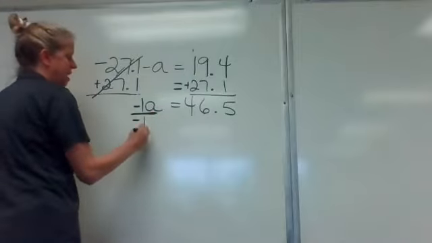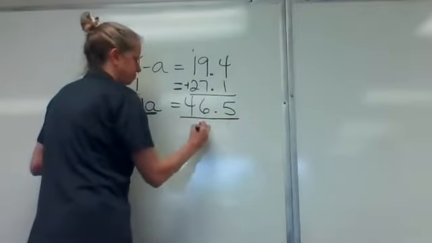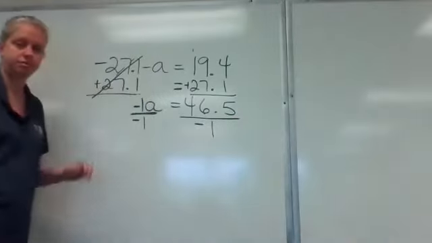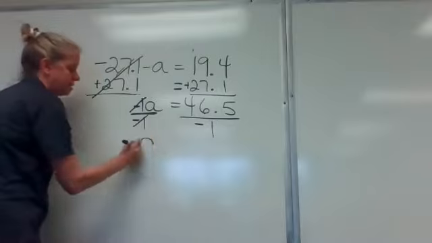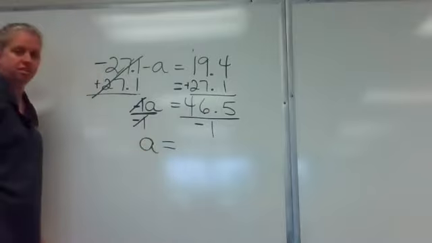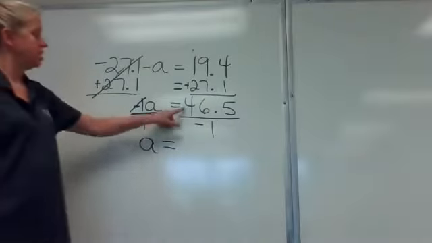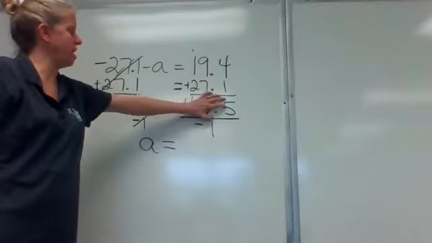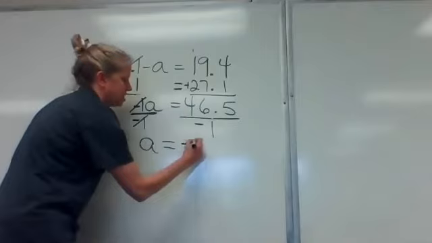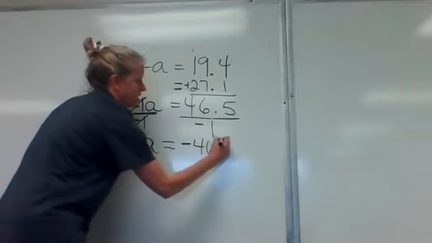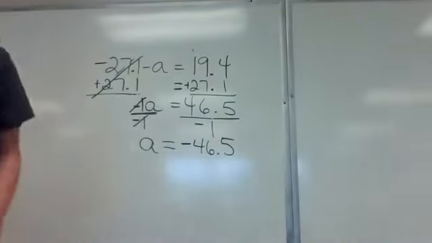So I'm dividing by negative 1. That cancels the negative 1 and turns that into plain A equals. What happens to something, no matter what it is, if you divide it by negative 1? It just changes its sign. So that's just going to turn that into negative 46.5.